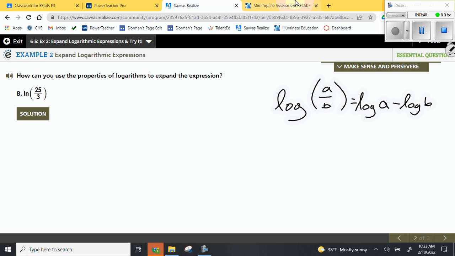Be careful, remember that the top one goes first. It's important, we're talking subtraction. Order matters. So I would write this then as natural log of 25 minus natural log of 3, and that's it.